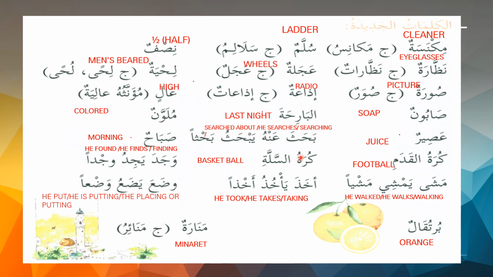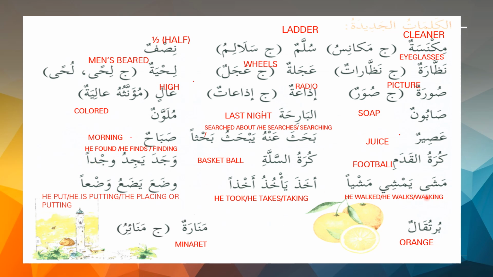Searched about. بحث عنه means searched about, and يبحث means he searches or he is searching, and بحثا is searching, the searching. صباح morning. كرة القدم football. كرة السلة basketball. وجد يجد وجدا. So it's he found وجد. يجد he finds, he is finding, and وجدا is the finding. It's the verbal noun masdar.